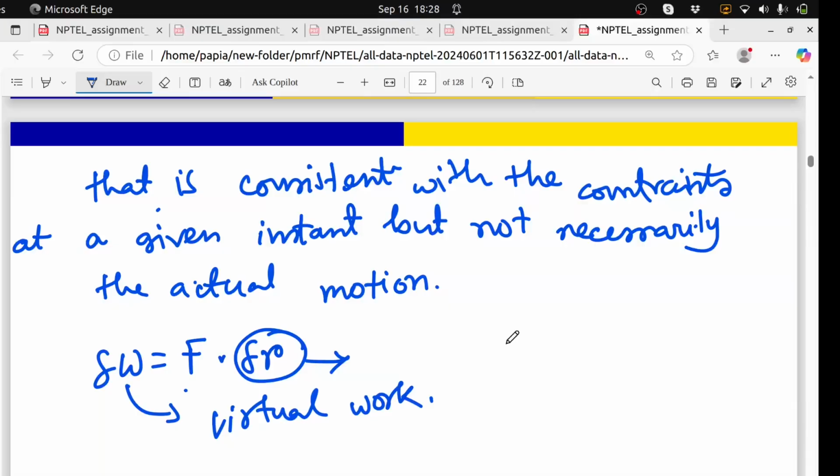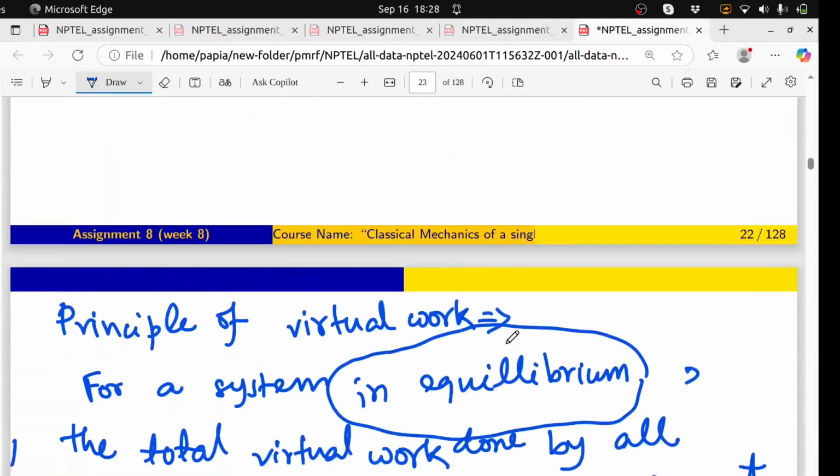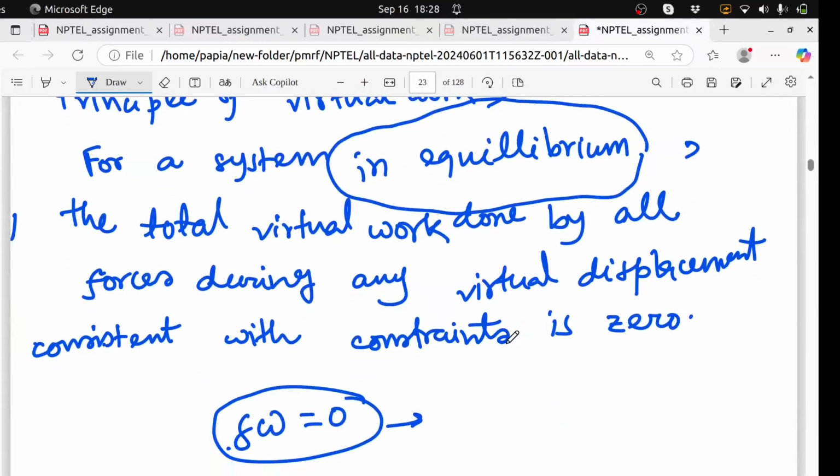The principle of virtual work states that for a system in equilibrium, the total virtual work done by all the forces during any virtual displacement consistent with constraints is 0.